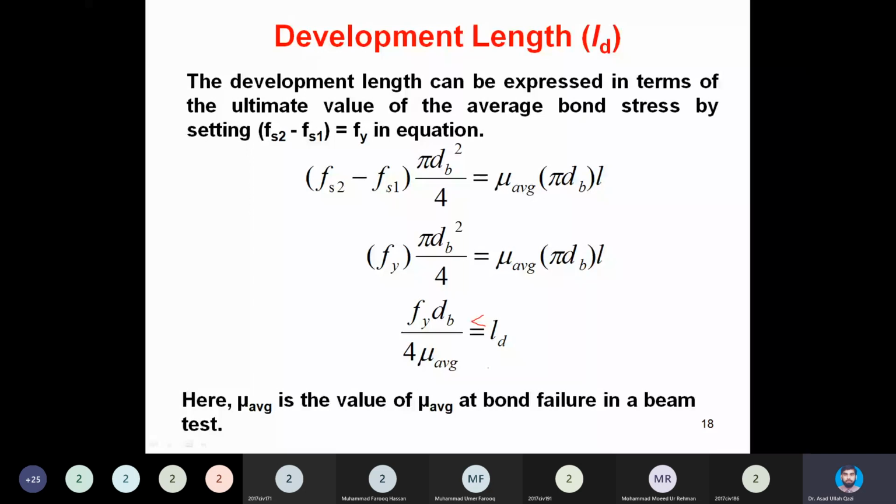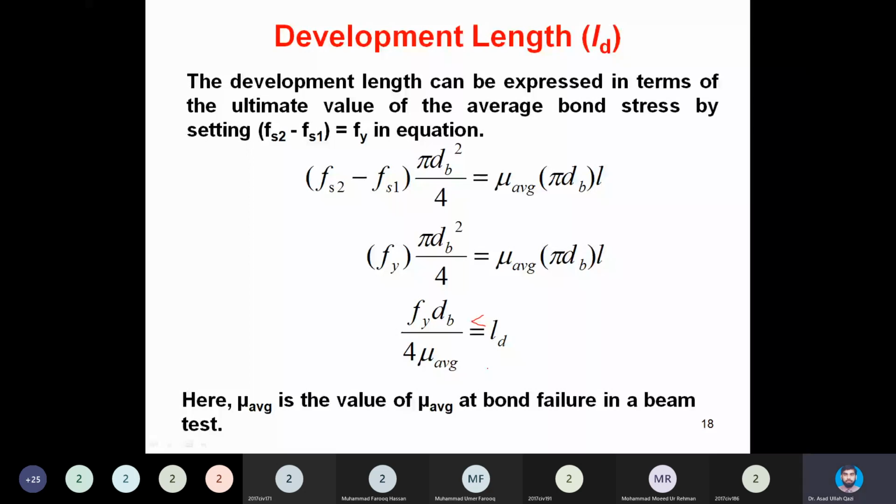It is the minimum. But for example, if you are equating them and you are getting 1 meter, suppose, and if you are providing 1.2, it means you are getting some extra anchorage. But if you drop it to 0.8 meter, when you require 1.8 and you are providing 0.8, then you can imagine that the bar will slip early and you can't stress it to Fy in your cross section, in your reinforced member, and a premature failure or brittle failure can take place.